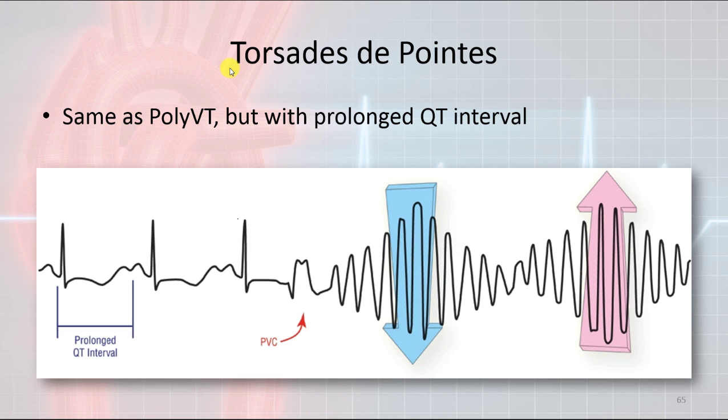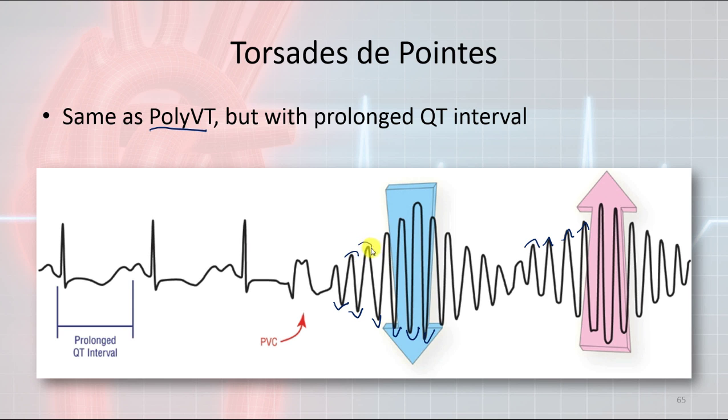A specific polymorphic VTach is something that we call torsades. I don't speak a foreign language like French or anything like that, so I would probably Americanize this really badly by saying torsade de points, but anyway, it's called torsades. A lot of people just call it torsades. Torsades is a very specific type of polymorphic VTach. What happens is, if you see the points down here of these QRSs, it switches, and now you have points of QRSs going up.